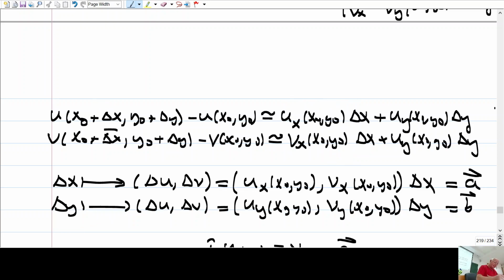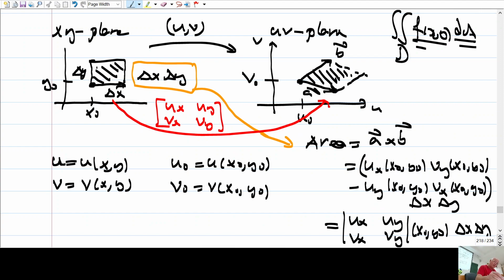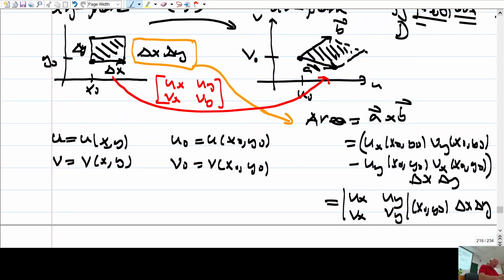So what happens is this. If you increase x and y a little bit, this point is moved to this point, and this rectangle is moved into this parallelogram. And the area of this rectangle is changed how much? Well, this had area delta x delta y. What about the area of this? We computed that area. It turned out to be just this expression, which is a determinant of first degree derivatives times delta x delta y.